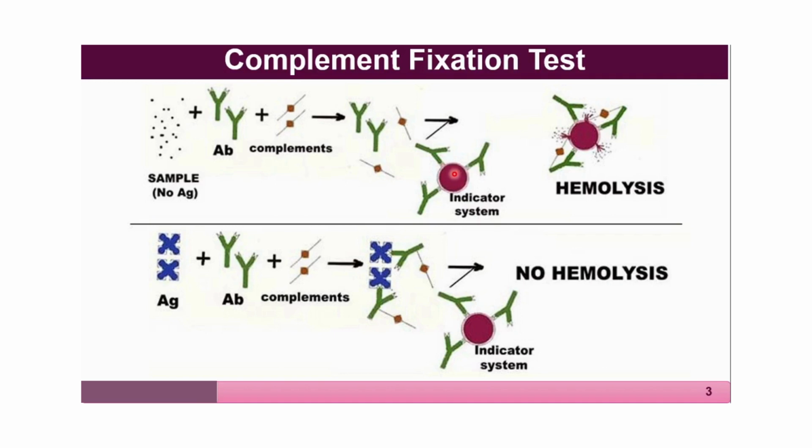As I had mentioned earlier, the complements readily recognize the antigen-antibody complex and they get attracted to the Fc arm of the antibody. As shown in the next diagram here, the complements have gone and bound to the Fc arm of the antibody and get activated and begin the lytic reaction.